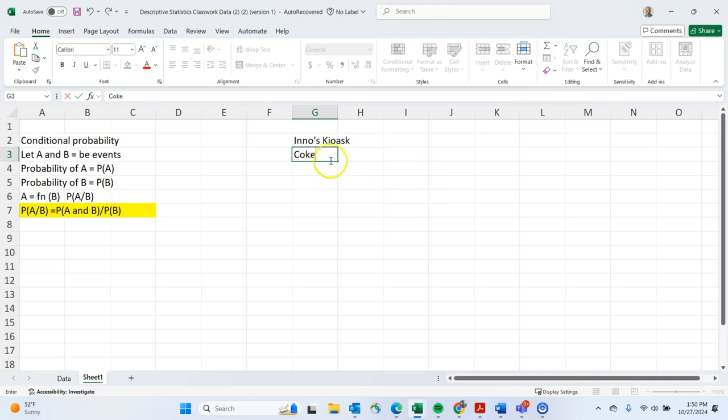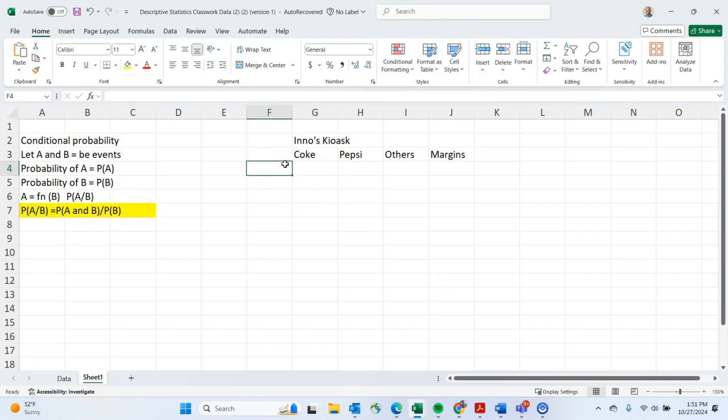We have Coke, and also we have Pepsi, and then we have other types of sodas, and finally the margins, or the totals. Here we have gender, girls and also boys, and here we can also have margins or the totals.